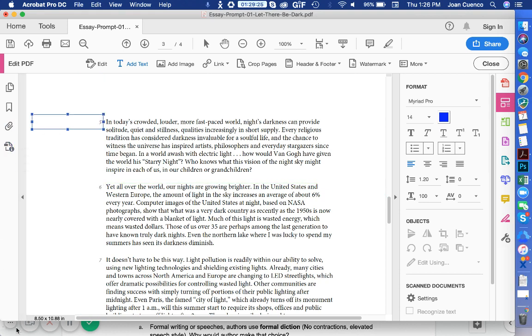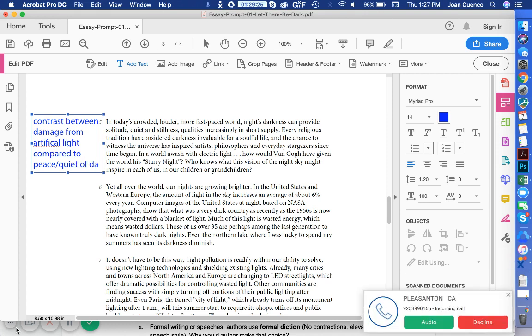And notice the contrast here. Today's crowded, louder, more fast-paced world, night's darkness can provide solitude, quiet, and stillness. So contrast between the damage from artificial light compared to peace, darkness.